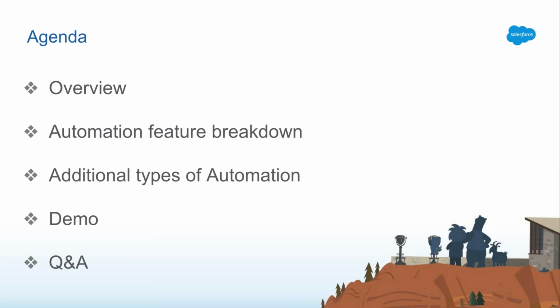Then we'll move over to talk about some additional types of automation. I'll walk you through assignment rules and case auto response rules, what they are and how they can be used. Our main part of today's session is the demo part. The slides, as I mentioned, are not that many, but we'll keep our focus on this section. We'll do some hands-on practice and set up some various automation processes. The majority of these processes are simple and straightforward. I do have one little bit more complex process towards the end.